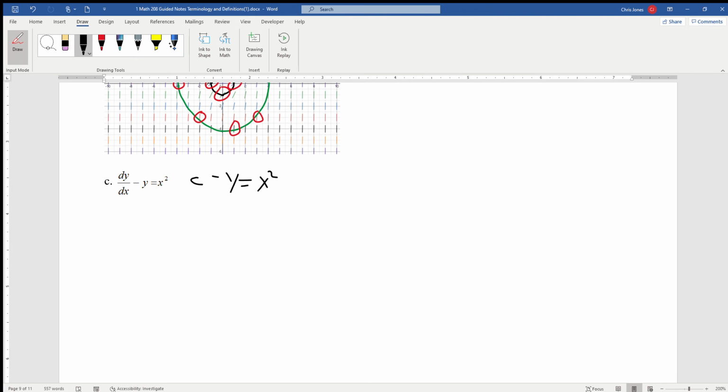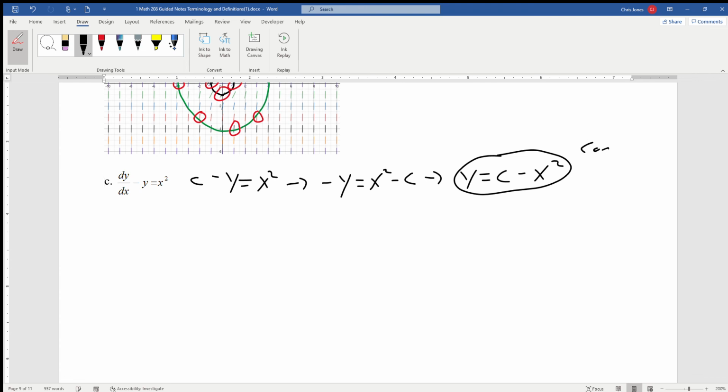We could subtract c from both sides, so we get negative y equals x squared minus c, and y equals c minus x squared would be the family. Now we know this to be the series of concave down parabolas, with the vertex at the point (0, c). So we can say concave down parabolas.